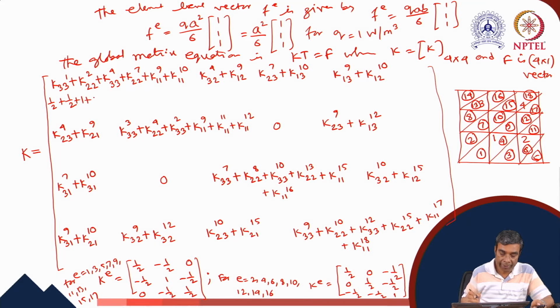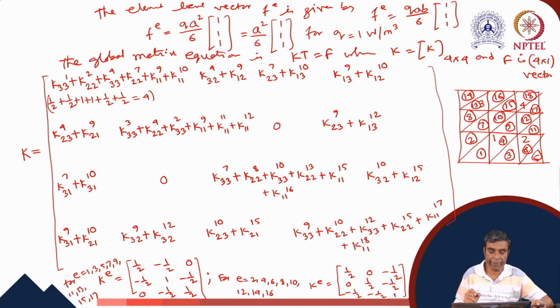Then we have K227, K227 is also 1. Then we have K119, so 9 is an odd number, so K119 is half. And K1110, this is in even number set, this is also half. So if we add these numbers, we get 4. So K11 equals 4.